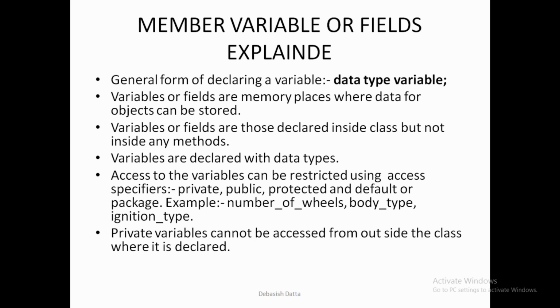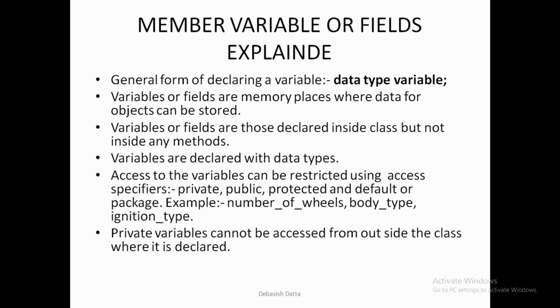Access specifiers are used to restrict the access to the member variables. Access specifiers are private, public, protected, and default or package. The fifth and sixth points are more related to inheritance and will be discussed in the appropriate chapter.